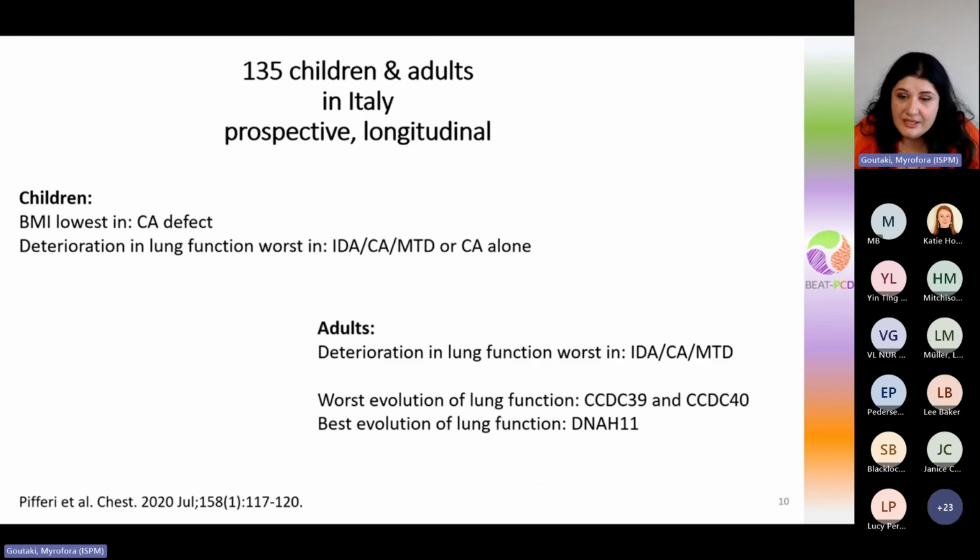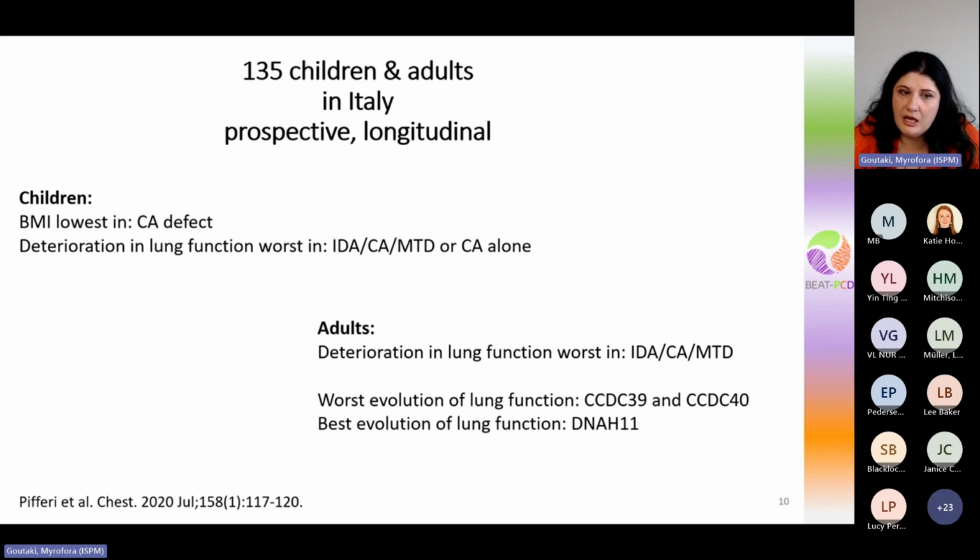And several studies followed to prove that these findings were not random, but have been seen in different populations. This is a large study from Italy, prospective and longitudinal, that followed this population for a period of time and studied growth and lung function in comparison between groups.